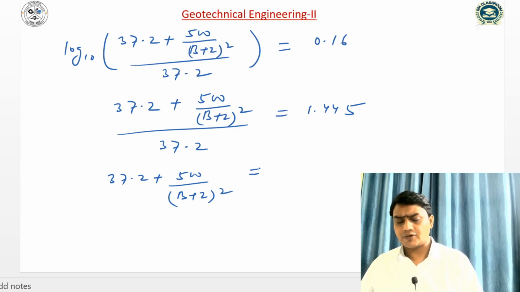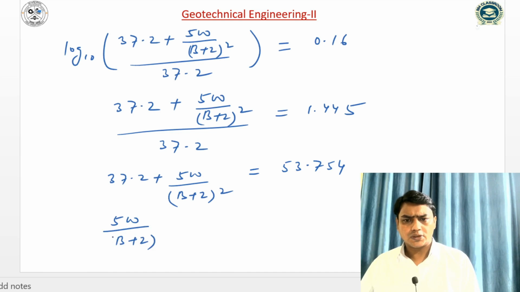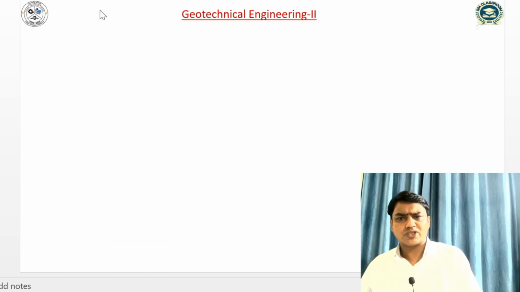So it is 53.754. So 500 divided by b plus 2 square is equal to 53.754 minus 37.2. So it is 16.554.